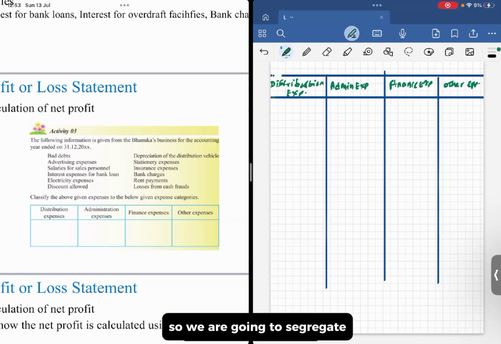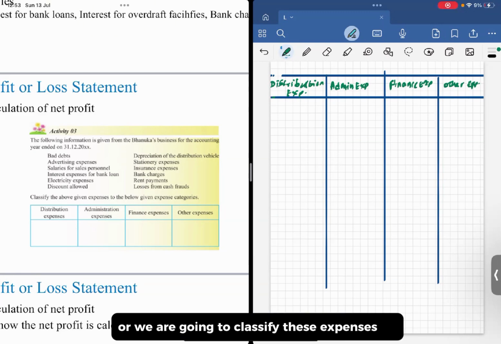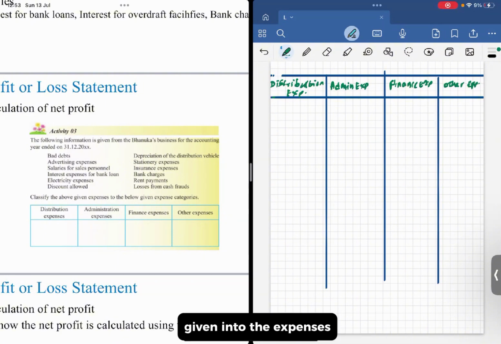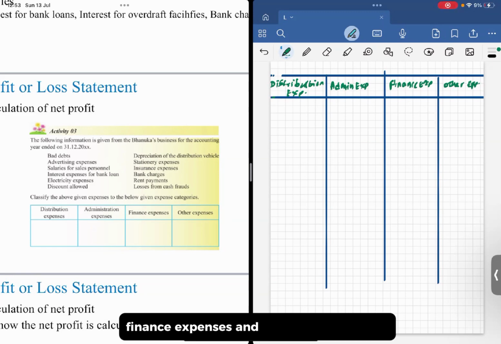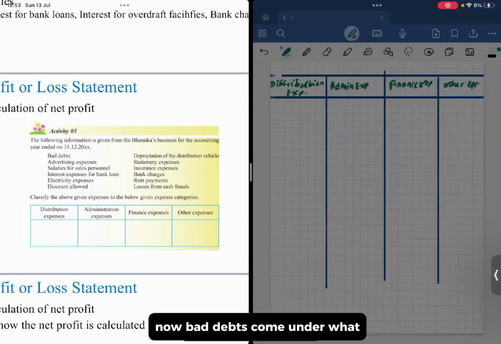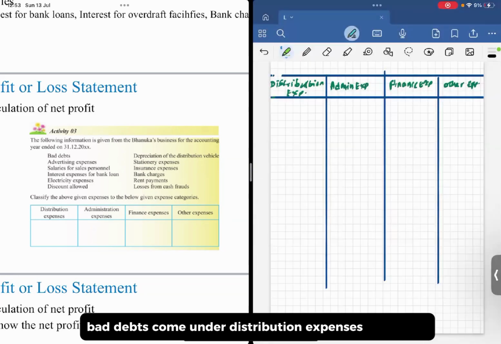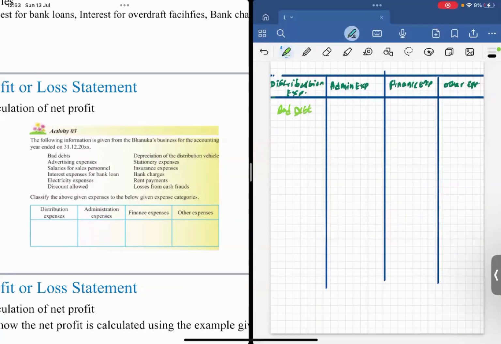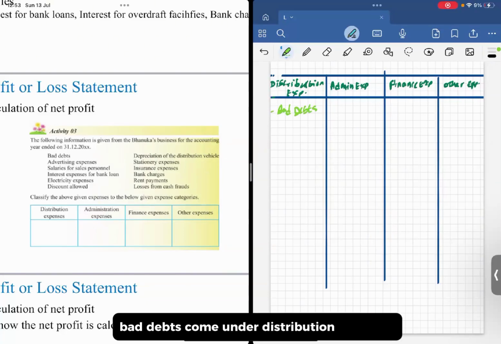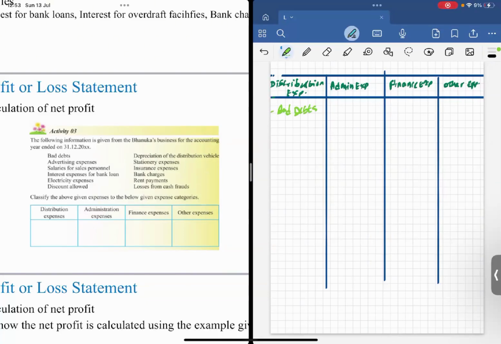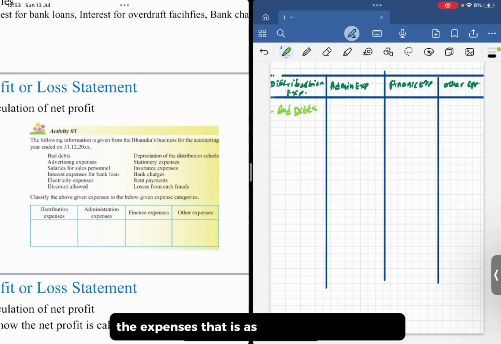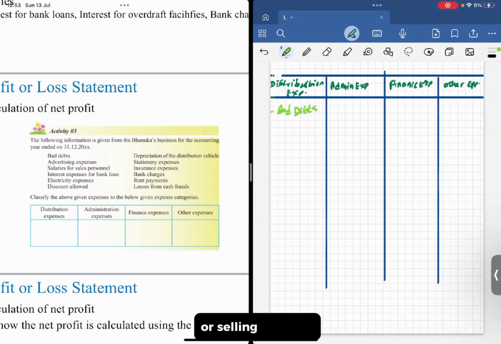So we are going to classify these expenses into the categories of distribution expenses, administration expenses, finance expenses, and other expenses. Okay. So first we have the bad debts. Now bad debts come under what? Bad debts come under distribution expenses, because it is an expense resulting from the distribution or selling of goods.